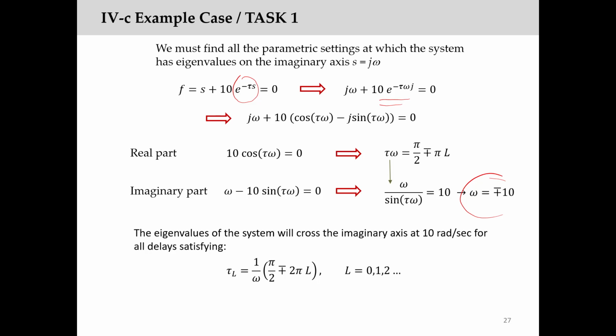And nevertheless, if, for example, you have another problem where the characteristic equation has another delay term with commensurate degree 2, let's make this maybe 7, sorry, and minus 2 tau s is equal to 0.